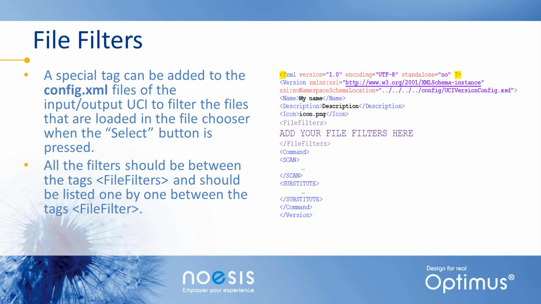Like, for example, if you are expecting an input file that has a specific extension, you can specify that. So you avoid that the end user can load something that is not really a well-formatted file.